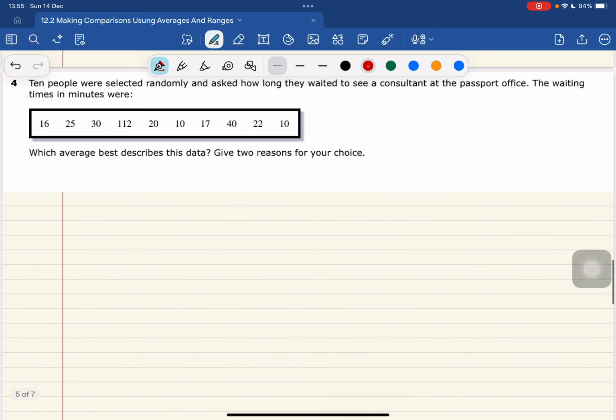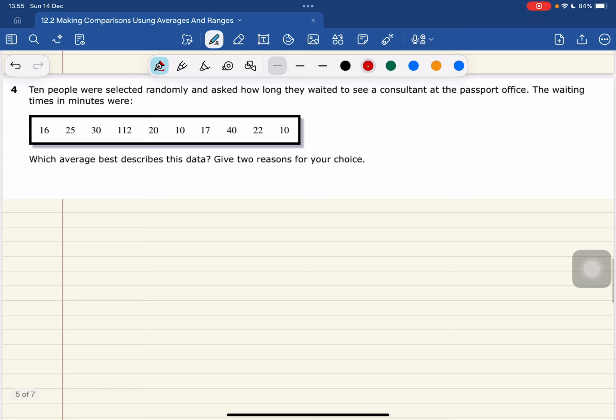Here is the last question. 10 people were selected randomly and asked how long they waited to see a consultant at the passport office. Which average best describes this data? We need to check if we are using the mean, divided by 10.